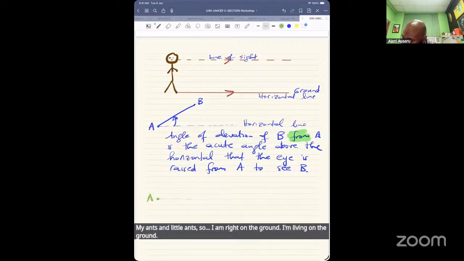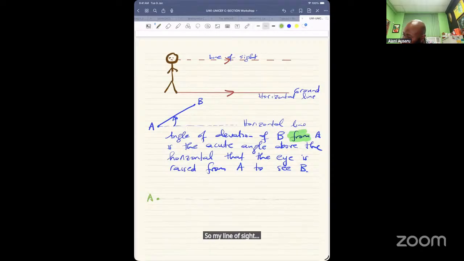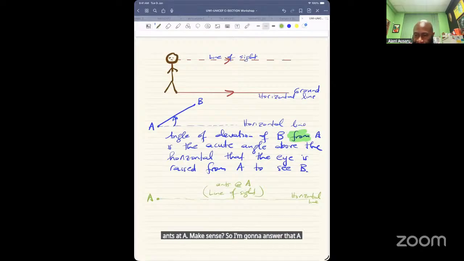So my line of sight is this horizontal line, which is the same as my line of sight because I'm sitting at A. So I'm looking straight ahead. That's a horizontal line, right?